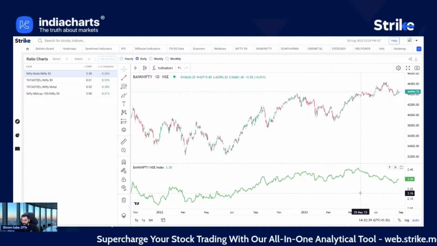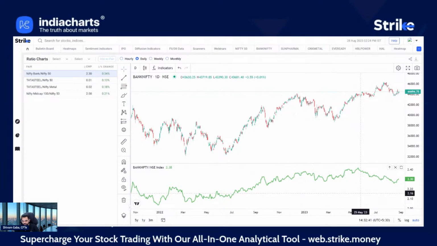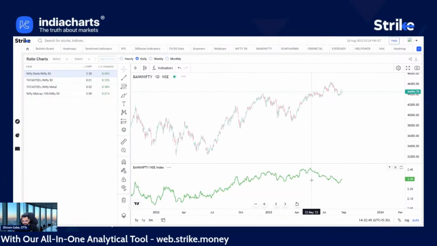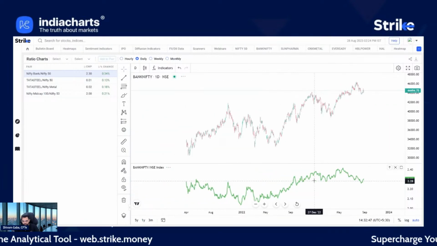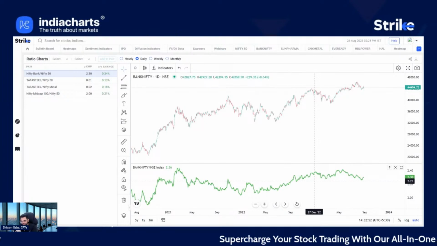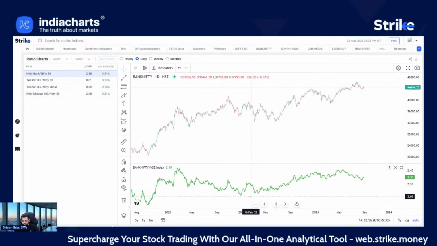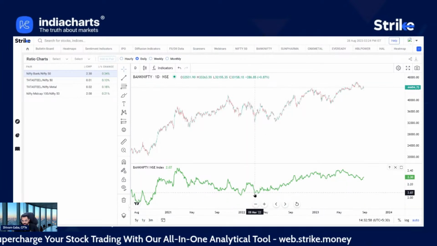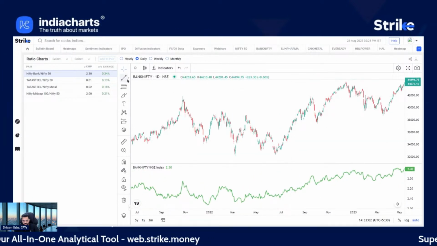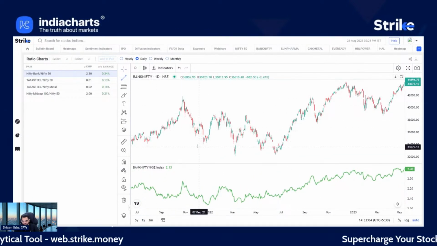So the good thing is that once you plot the ratio along with the chart itself, that is when you see very clear signals. So all the support resistance concepts and divergence concepts, everything works on this indicator or the ratio like any other indicator. So I can show you one divergence example and one support resistance example.